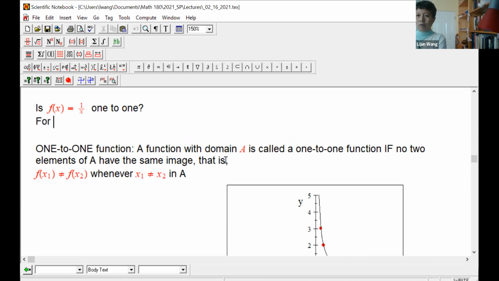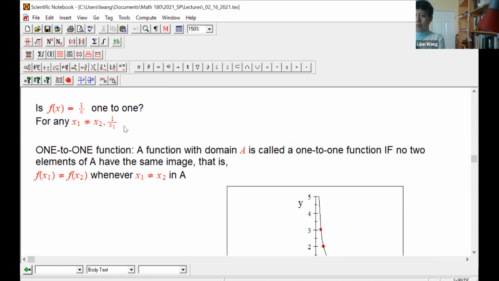Okay, how do we demonstrate? Then you say, for any x1 not equal to x2, 1 over x1 is not going to be the same as 1 over x2. Of course, they're in the domain.